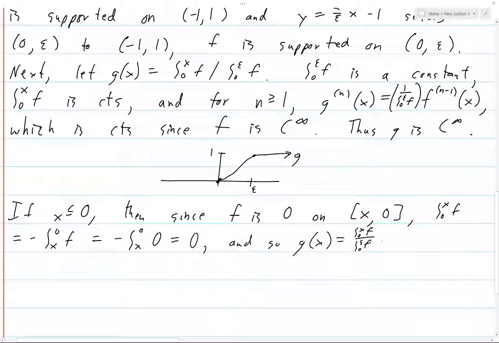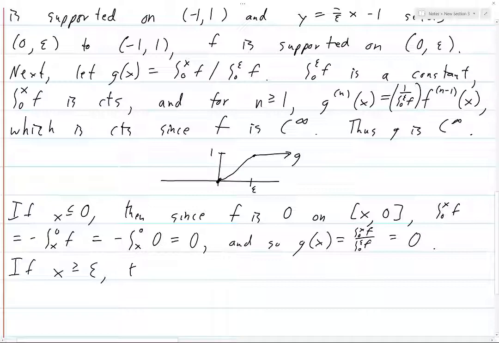Alright? If x is greater than or equal to epsilon, since f is identically 0 on the interval from epsilon to infinity, this means that if you take any x in this half-open interval from epsilon to infinity and plug it into f, you'll get 0. So what this tells us is that g of x is going to be the integral from 0 to x of f over the integral from 0 to epsilon of f.